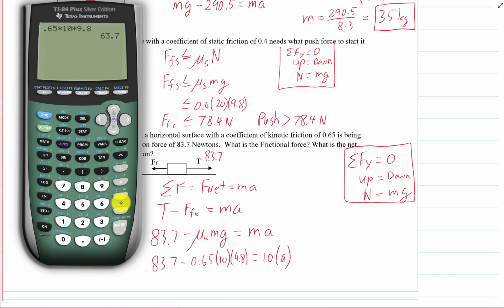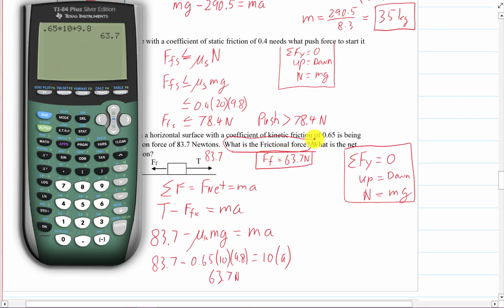The frictional force is 63.7 newtons. Okay, I'm going to take 83.7 and subtract 63.7.